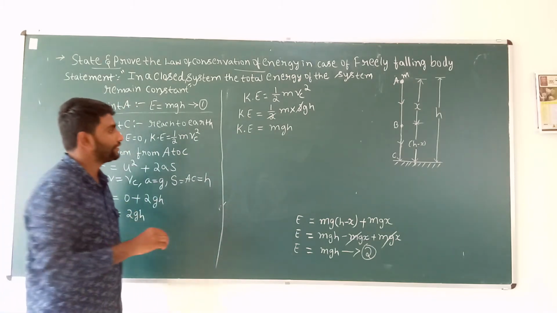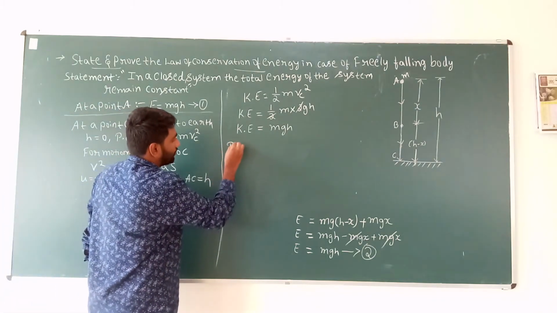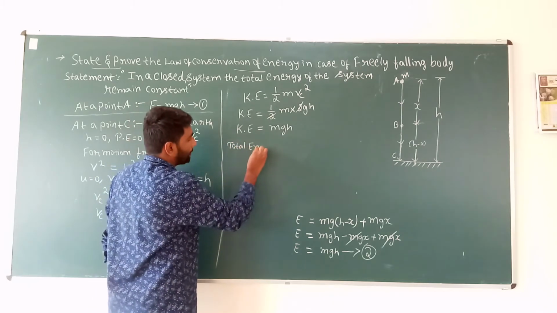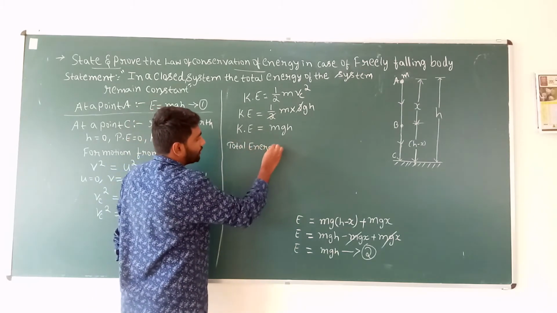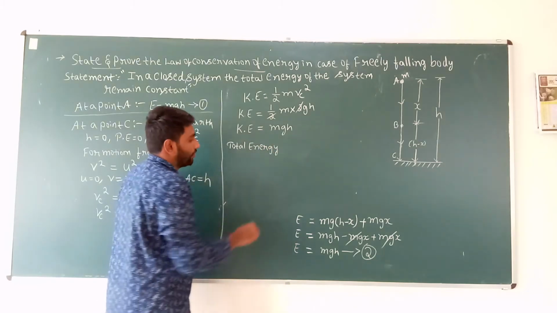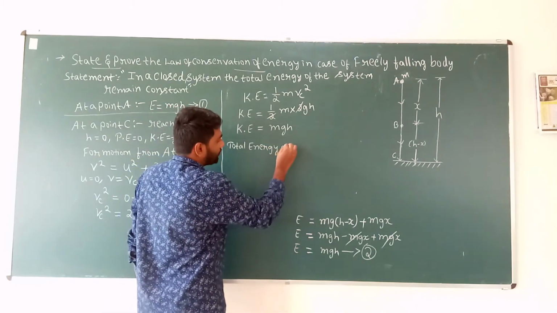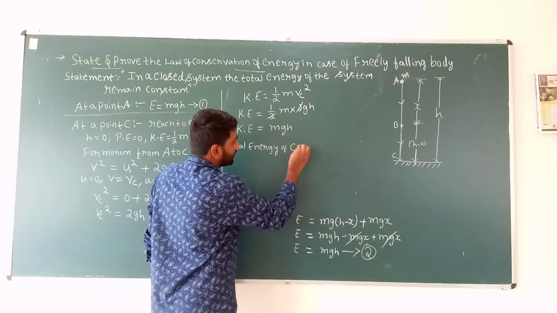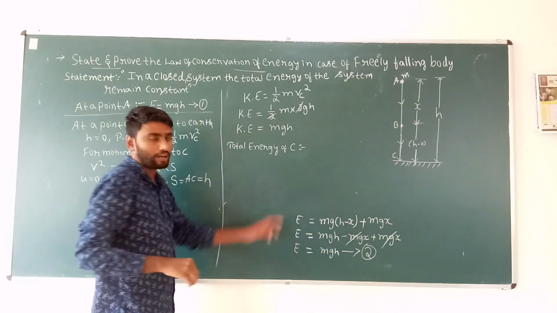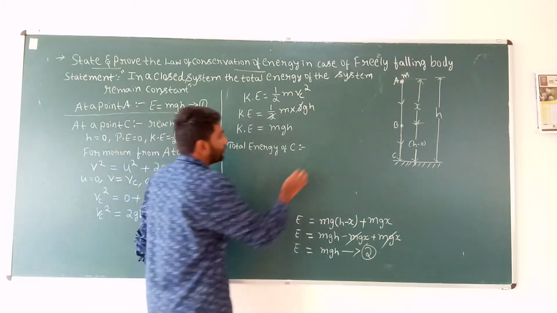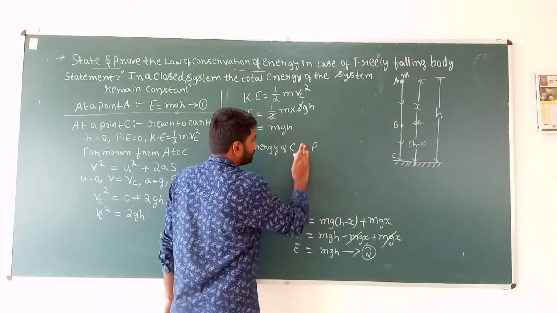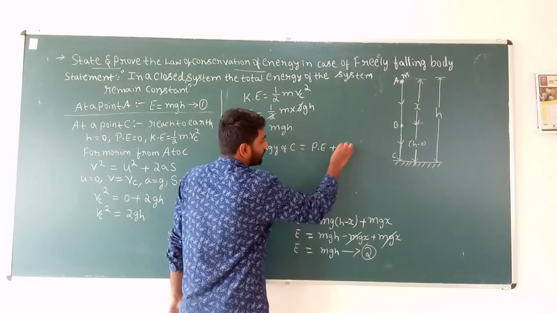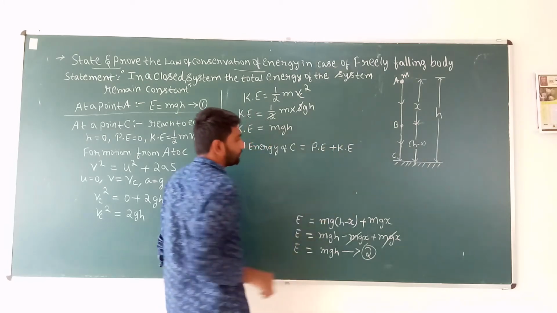The total energy at point C is potential energy plus kinetic energy.